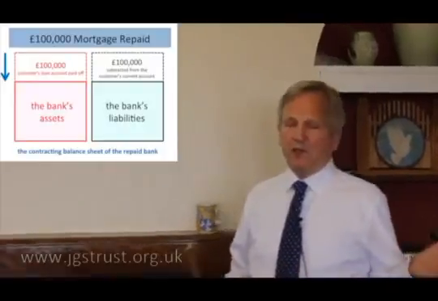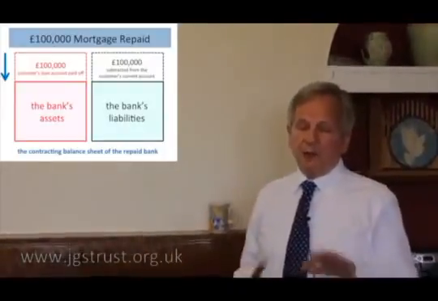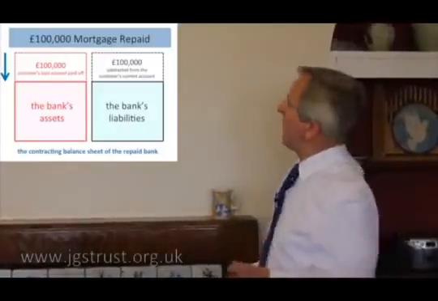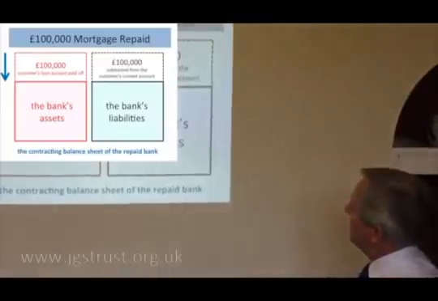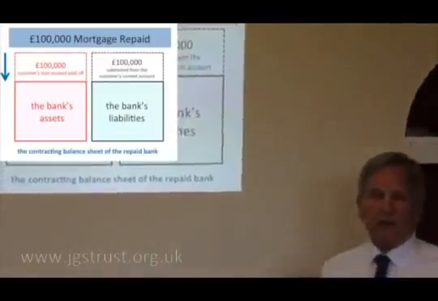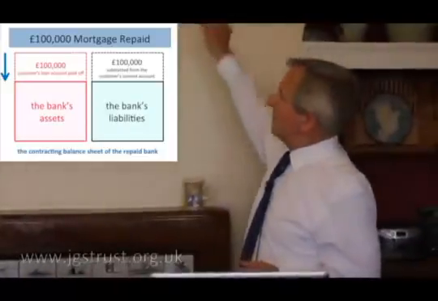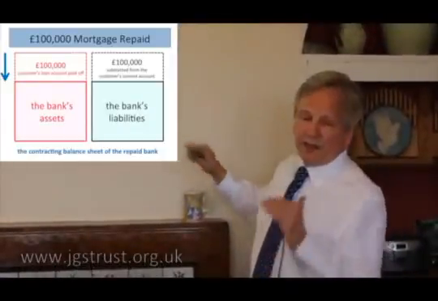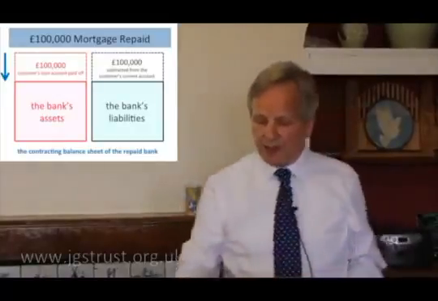Obviously some historic record of it is kept somewhere, but in the day-to-day accounting of the bank, that loan has gone. And on the other side of the balance sheet, the customer's current account has gone down by 100,000. So we see the two sides now have shrunk, just in the opposite way to when they expanded when the loan was taken out.